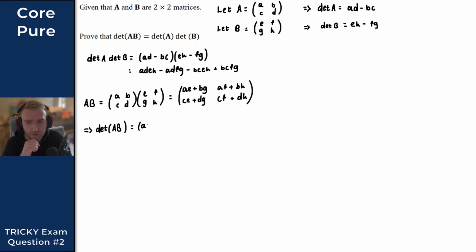We've got AE plus BG times CF plus DH, minus CE plus DG, in brackets, times this element here, AF plus BH.